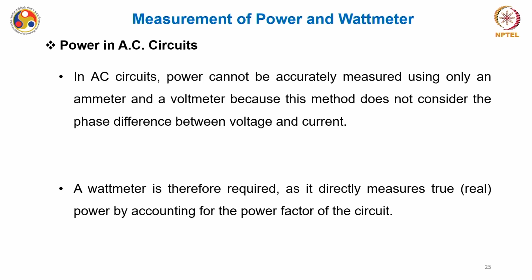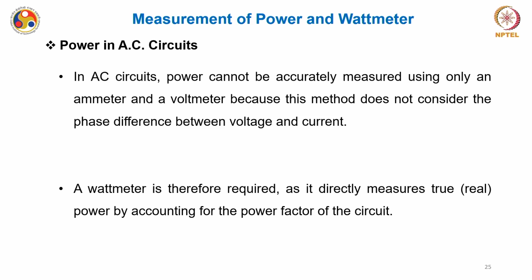The method that we used for DC cannot be used here, because it does not consider the phase difference between voltage and current. If there is any phase difference phi between the voltage and current, the ammeter-voltmeter method will not take that into consideration.